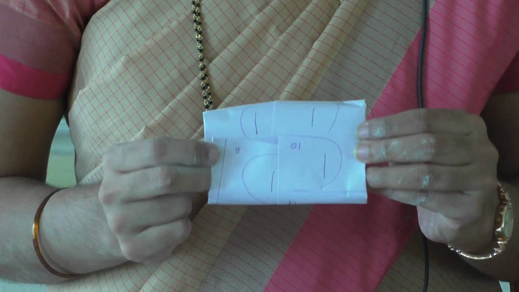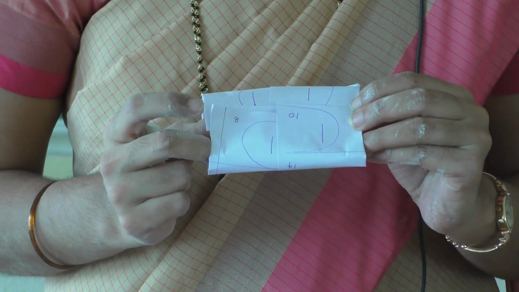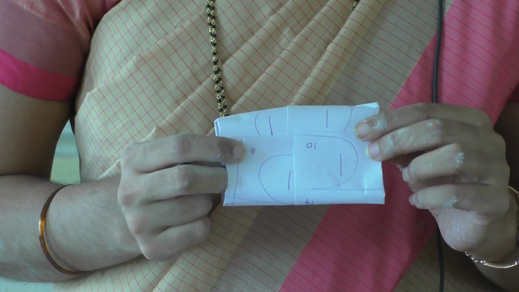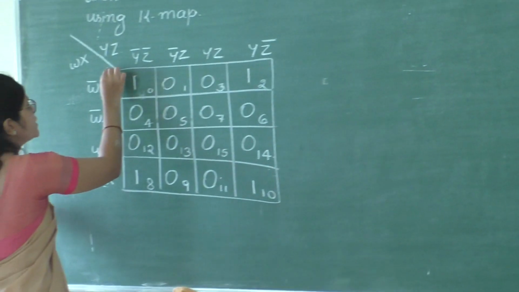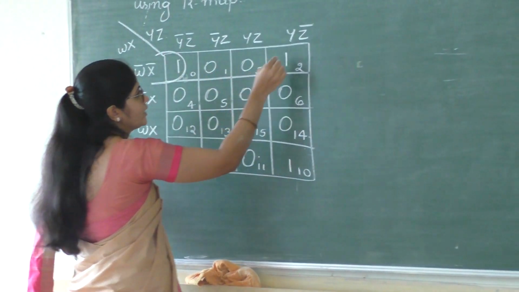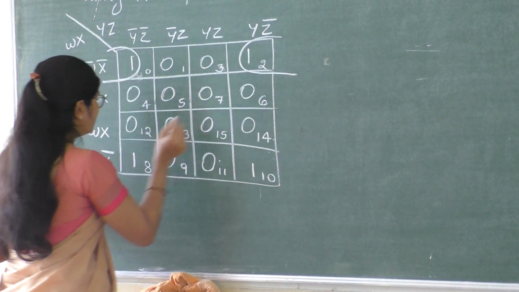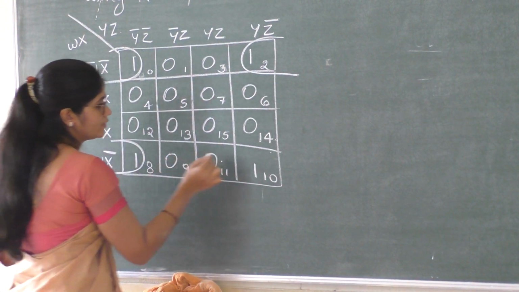One in the 0th square, one in the 2nd square, one in the 8th square and one in the 10th square. They are adjacent. Now we can form a quad using those ones. That is, using ones in the corner squares we can form the groups or quads or pairs.